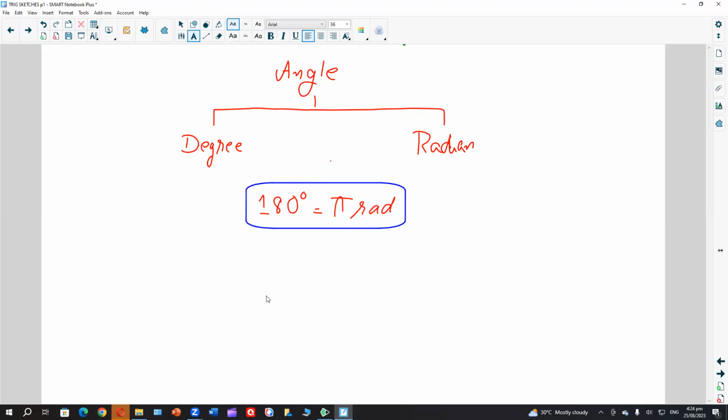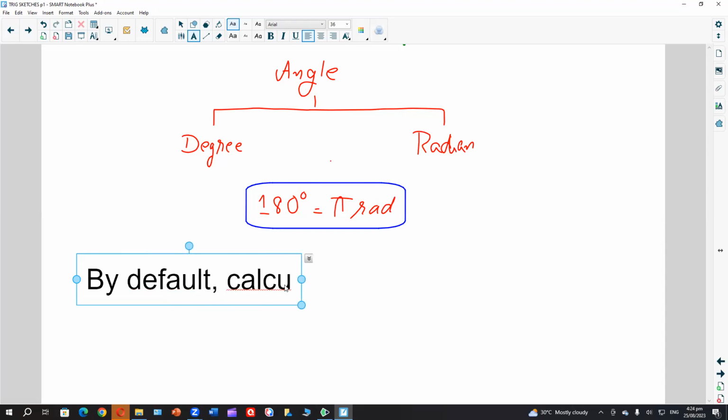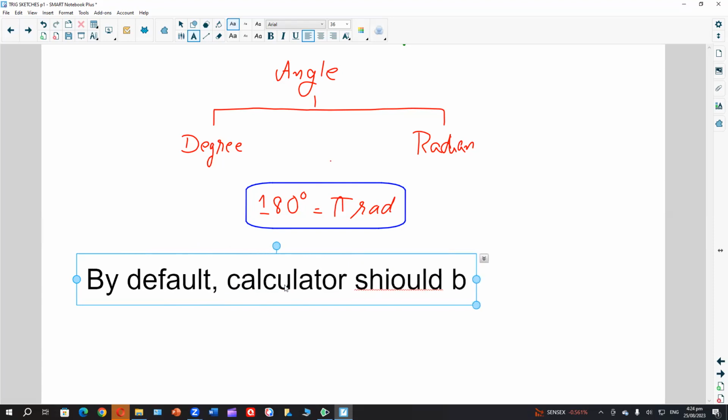So right under it, by default, the calculator should be in degree mode.